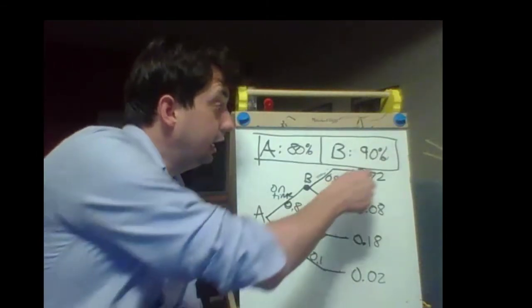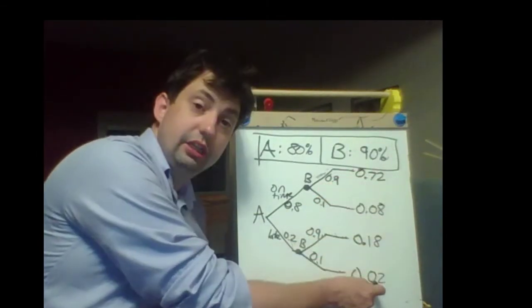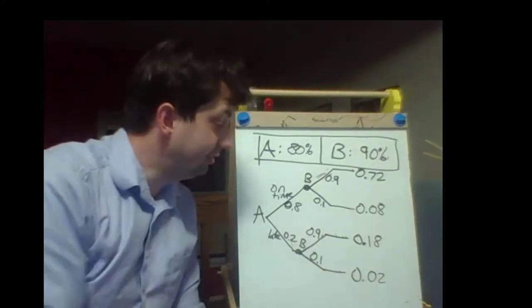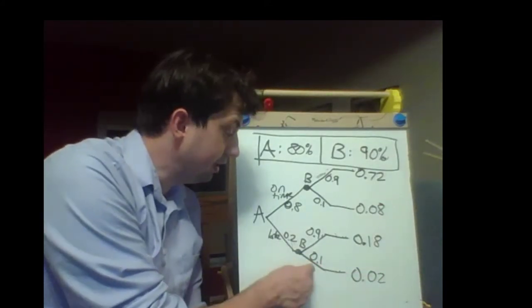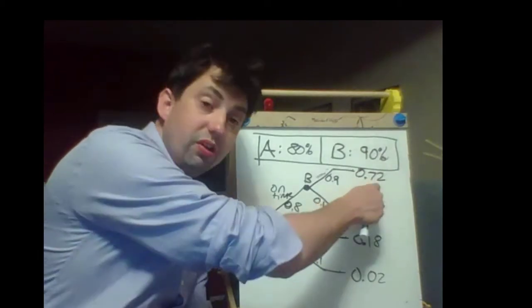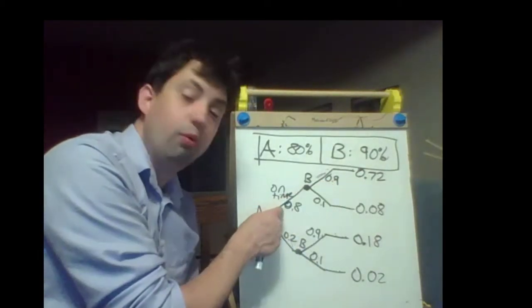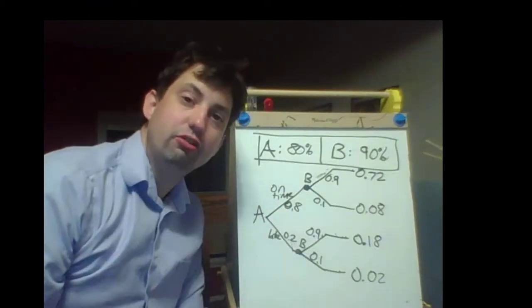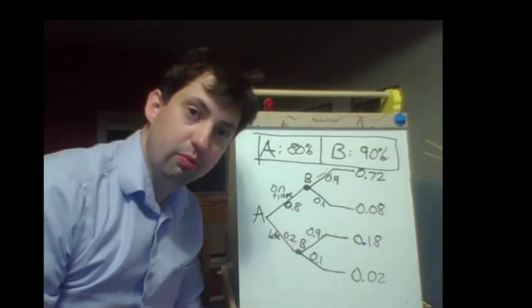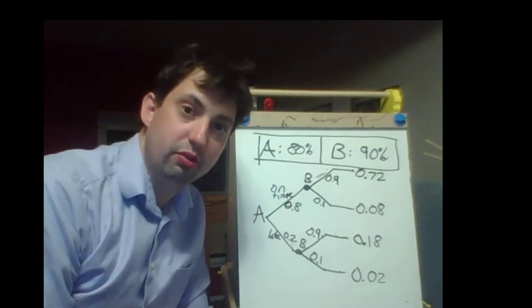So note a couple of things. 1, each one of these outcomes is less than the values that preceded it. This 0.72, while high, is less than 0.9, is less than 0.8. It has to be, because when you multiply these 2 values that are less than 1 by each other, you're going to get a smaller result.